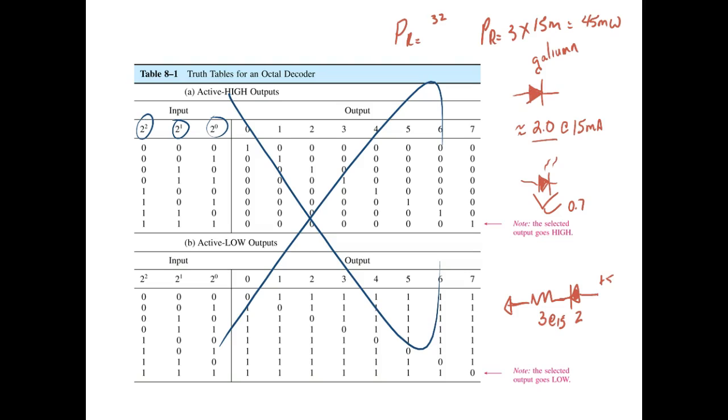Y'all seen a quarter watt resistor? Have y'all seen an eighth of a watt resistor? Have y'all held one? Let me go get an eighth of a watt resistor.